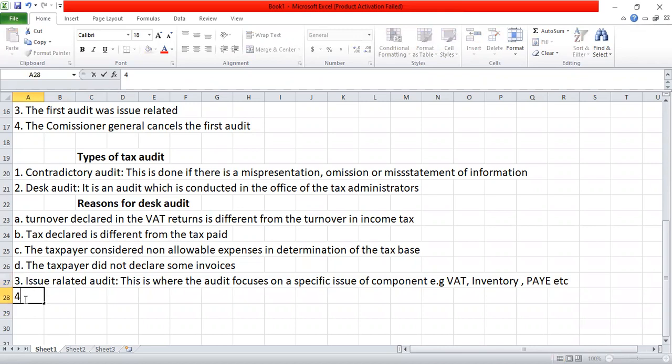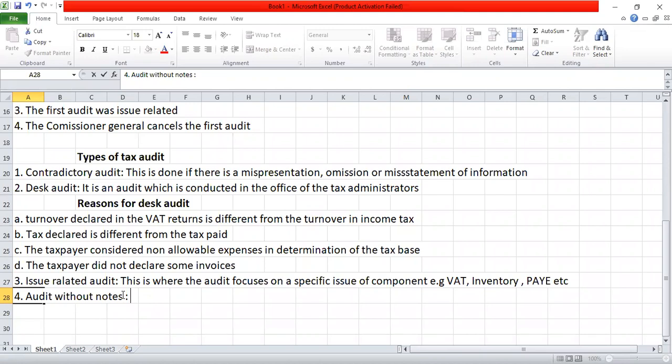Then number 4 is the audit without notice. Remember we said the condition for an audit is that a taxpayer has to be informed before the audit is conducted.